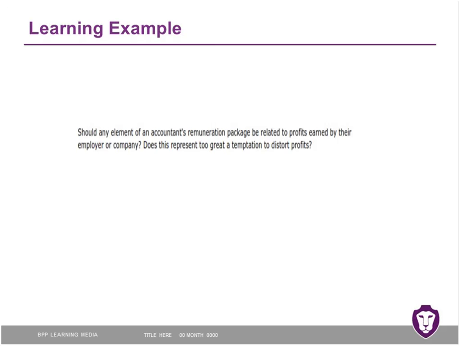What we've got to be careful of here is this word. We've got to look at the facts of this question. It's talking about remuneration package related to profits. Now, I agree. I would be very, very cautious about making any accountant's salary package linked to profits.